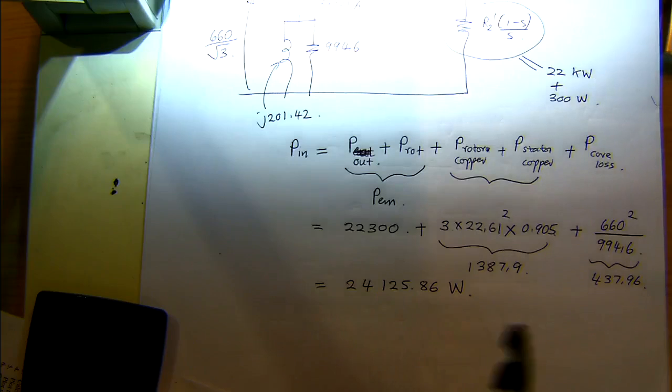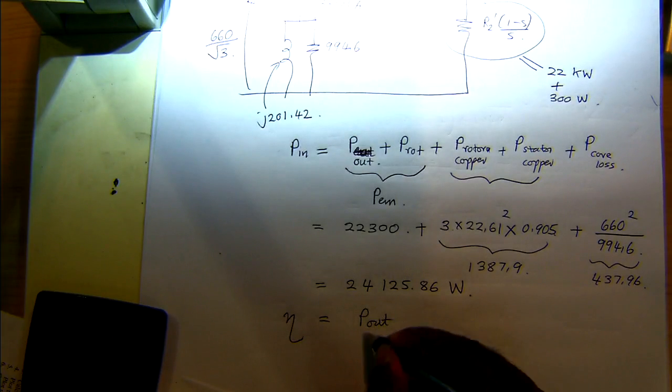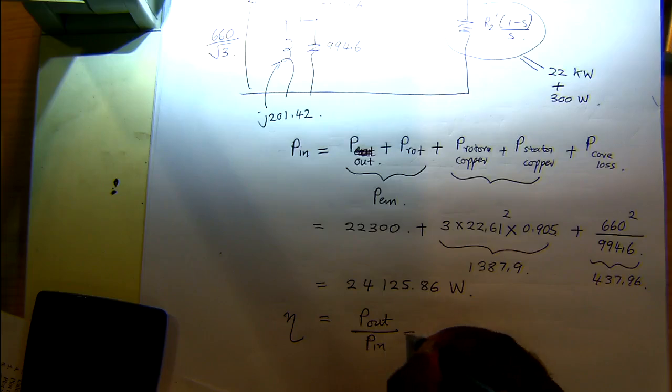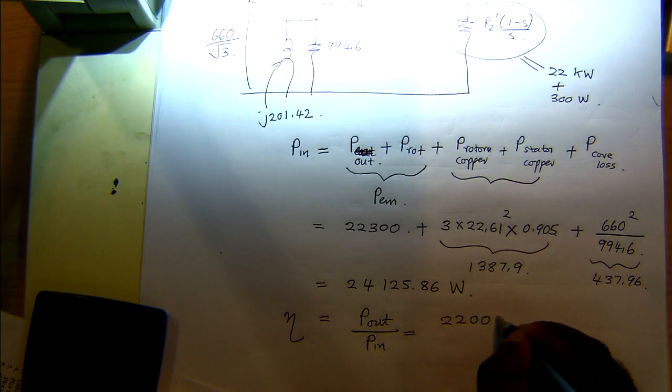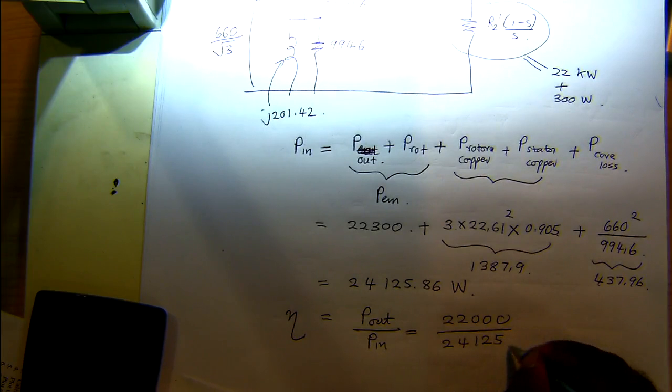So we can find the efficiency. That's the ratio between output power and input power. So that's P out over P in. P out is 22,000, and then you are putting in 24,125.86.